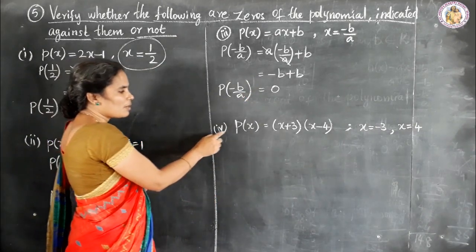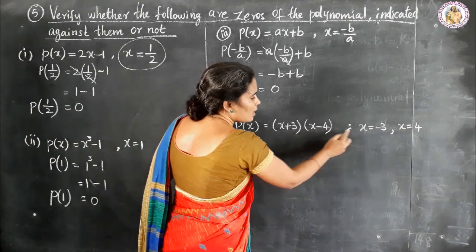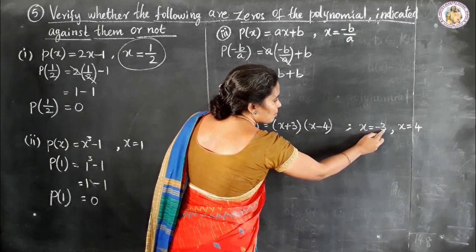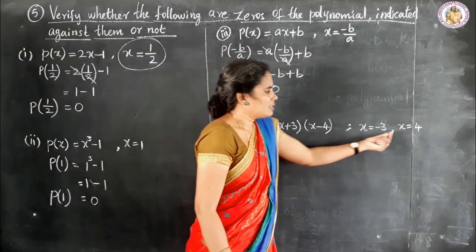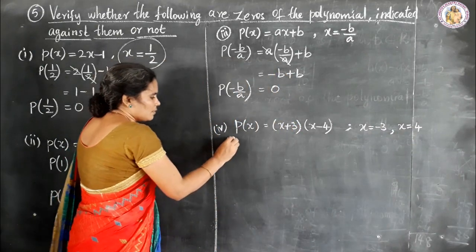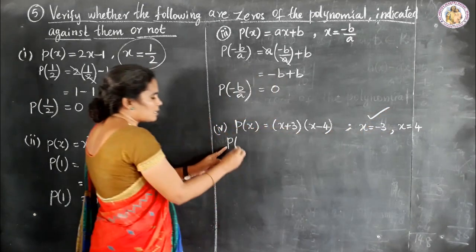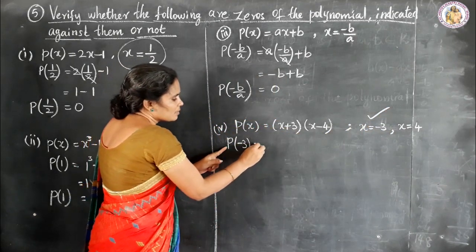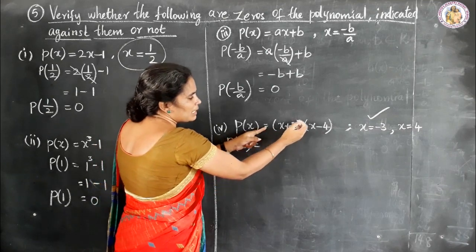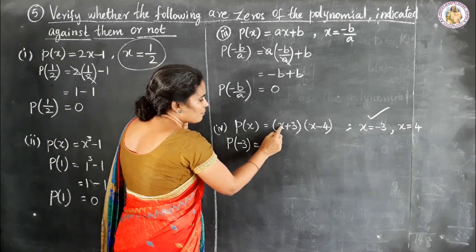Okay, question number 4. p of x is equal to x plus 3, x minus 4, and you have to take x is equal to minus 3, and again in the next step you have to take x is equal to 4. First we will go with x is equal to minus 3. You can multiply this or otherwise just normally substitute the value of x.